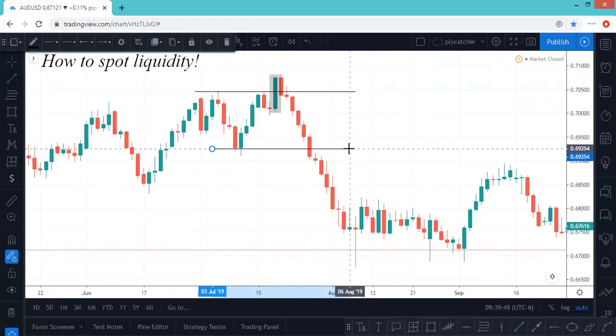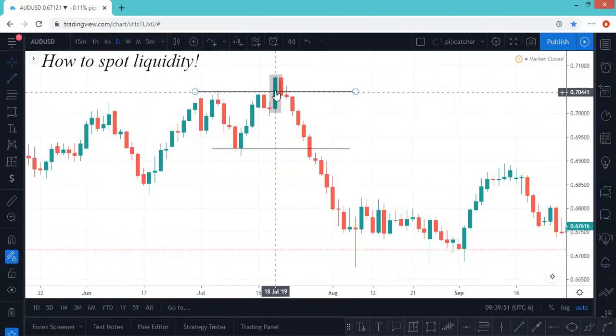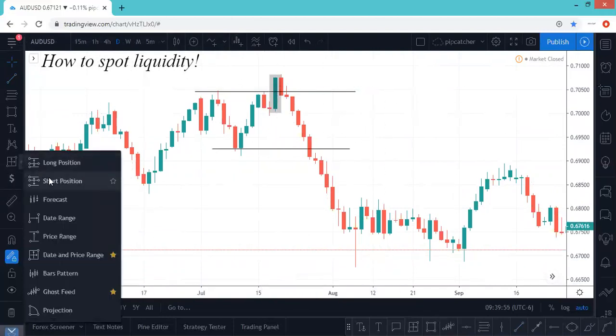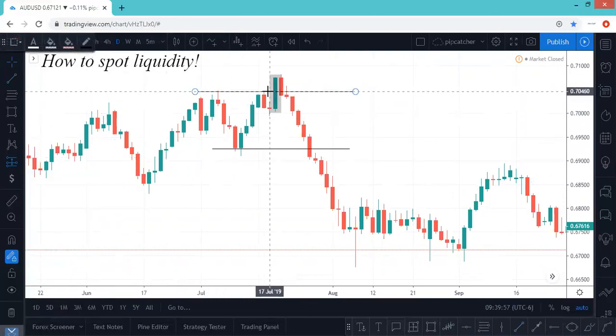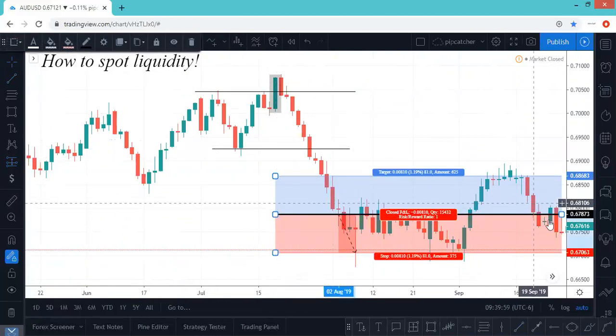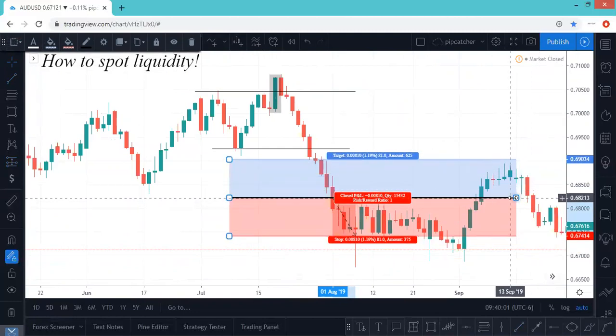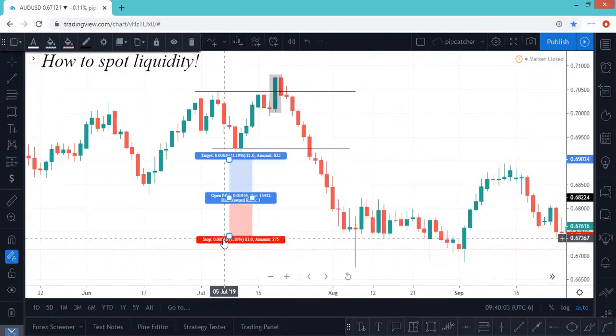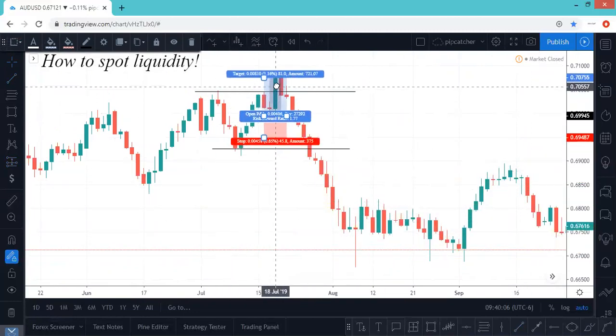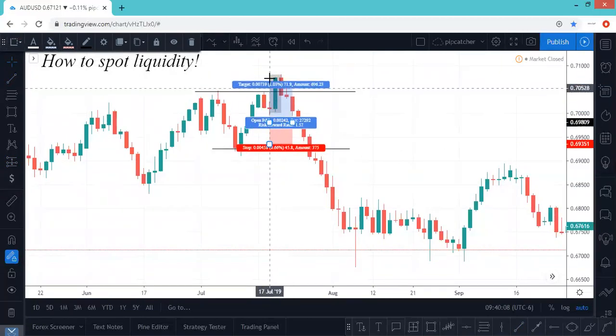So say this candle shot up, and people that trade this way started putting their buy positions in the market right here.